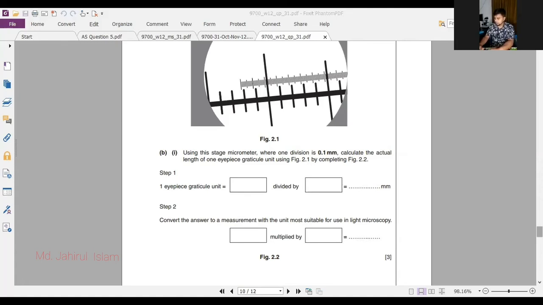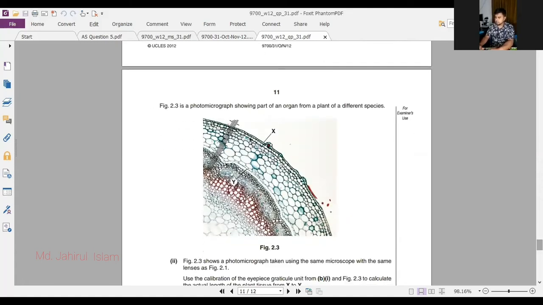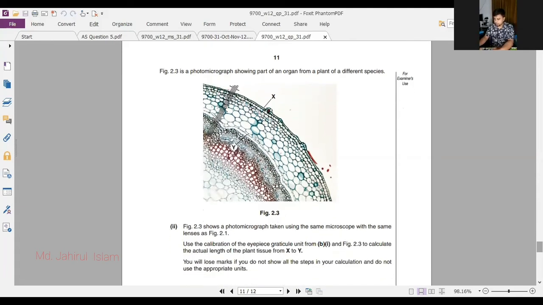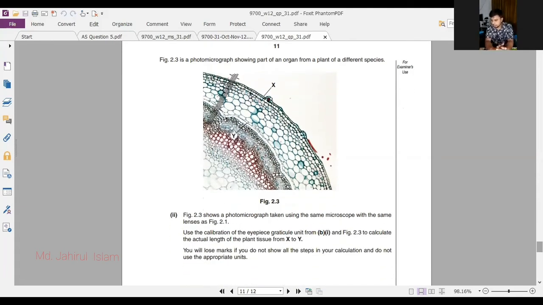I'm going to next. You see, this is the picture they've given. Figure 2.3 is a photomicrograph showing part of an organ from a plant of a different species. Figure 2.3 shows a photomicrograph taken using the same microscope with the same lens as figure 2.1.